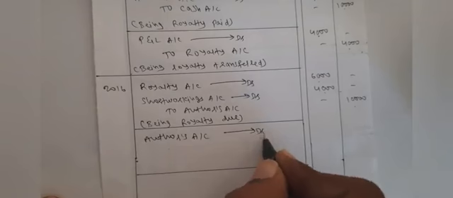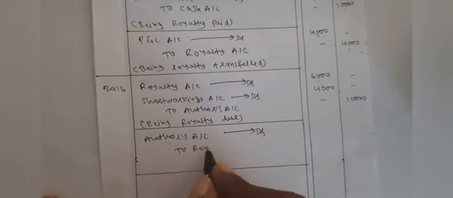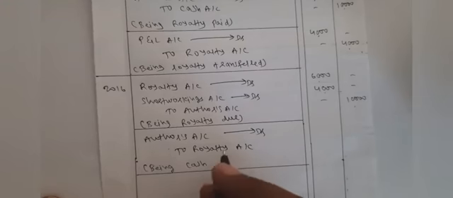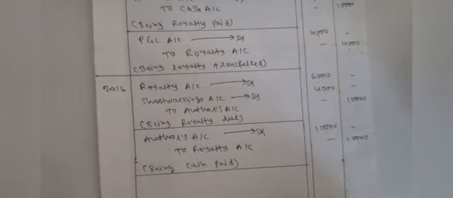Next, the second one is author's account debit to royalty account, being cash paid, or you can write royalty paid. How much cash is paid to him? Just imagine 10,000 is paid. And the third entry is for transferring royalty to the P&L account.